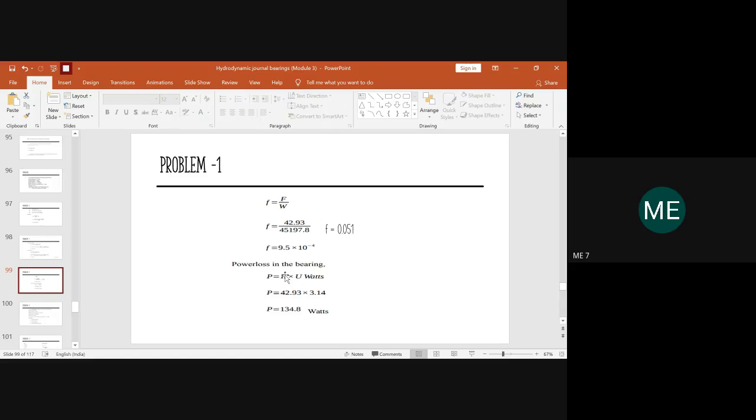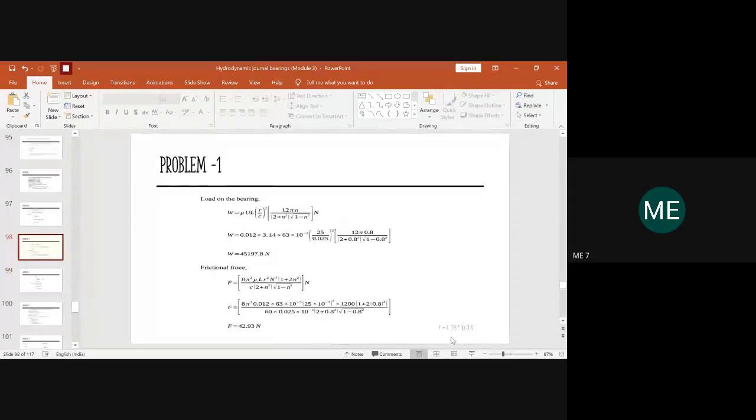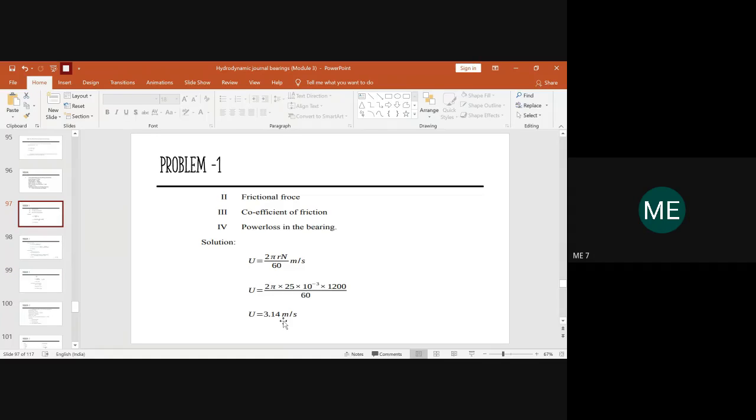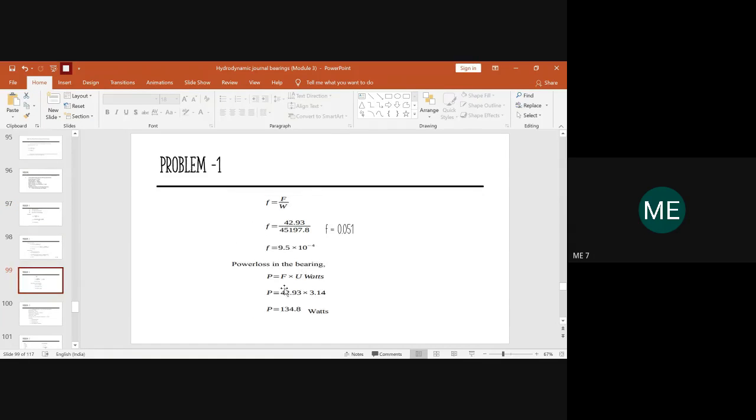So you know the value of the frictional force, what we have calculated here as 2.315 into 10 raised to power 3, right? So please take the value of F as 2.315 into 10 raised to power 3, and U we have calculated, which is 3.14 meter per second. So you substitute both the values and calculate what is the amount of power which has been lost in the bearing.